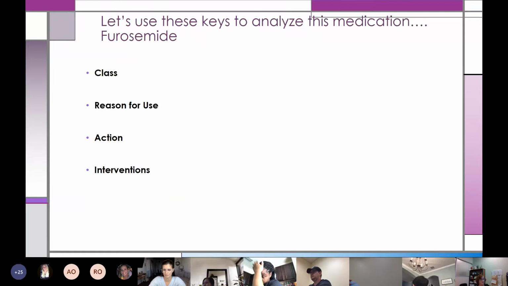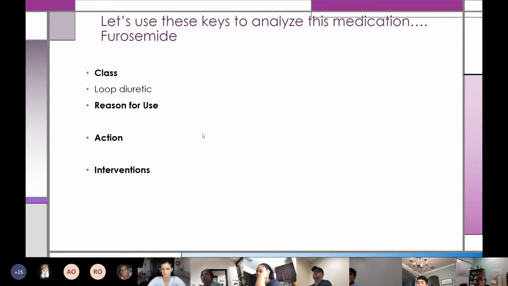All right, so there's a key to analyzing medications. For instance, class, reason for use, action, and interventions. So first of all, what is the class of furosemide? Diuretic. Okay, it's a loop diuretic, right?